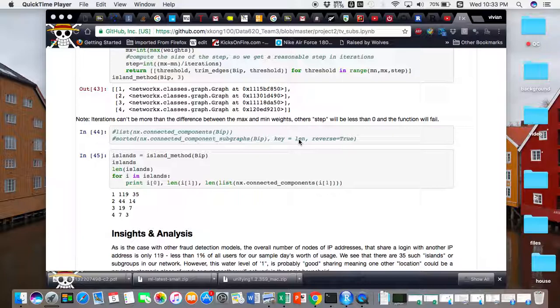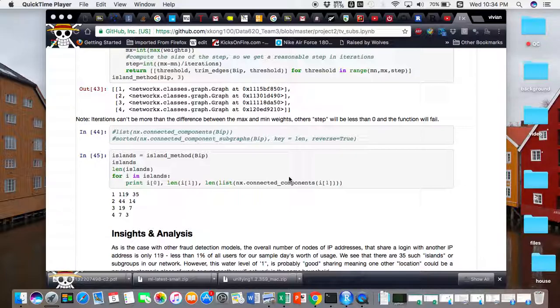There are only 119 shares of a login with another IP address. This is not bad compared with our 83,000 nodes for a day. It's less than 1% per day, and 35 such islands exist in the network. The water level is 1, which means that for the 119 shares, they share one other location.